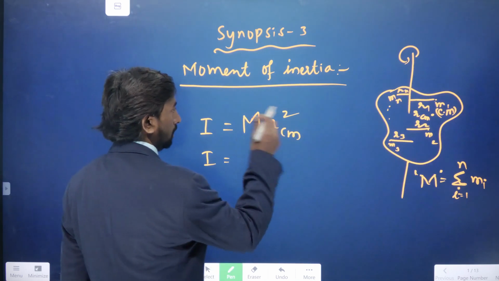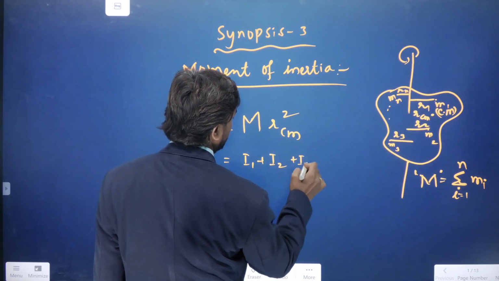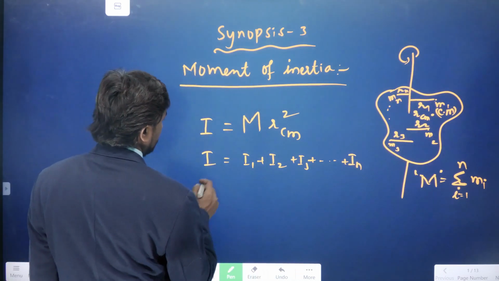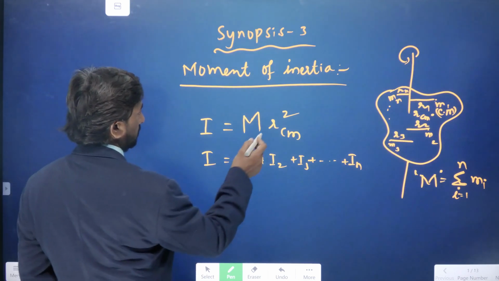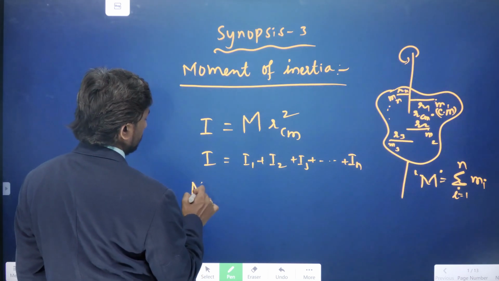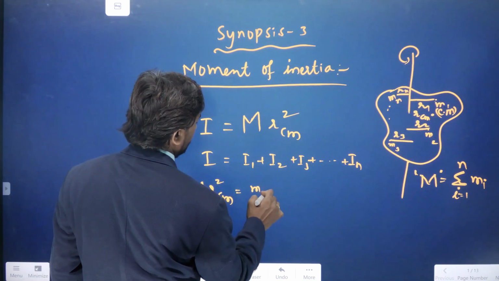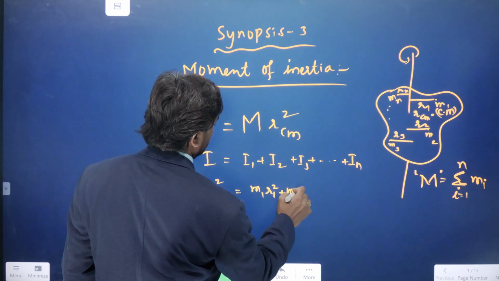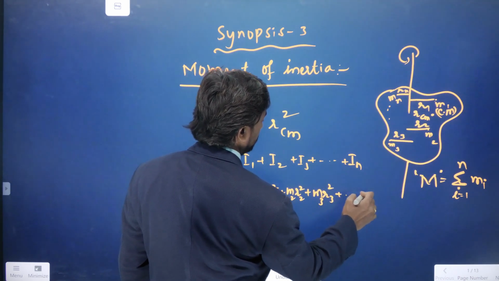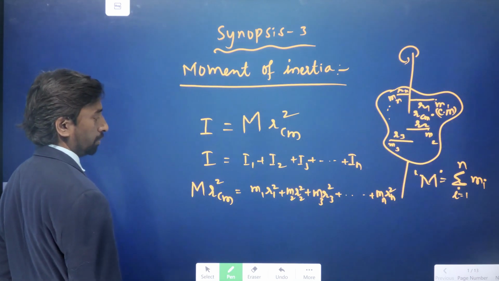So the individual moments of inertia can be written as I1 plus I2 plus I3, and so on up to IN. So M into RCM square is equal to m1 R1 square plus m2 R2 square plus m3 R3 square, and so on up to mn Rn square.